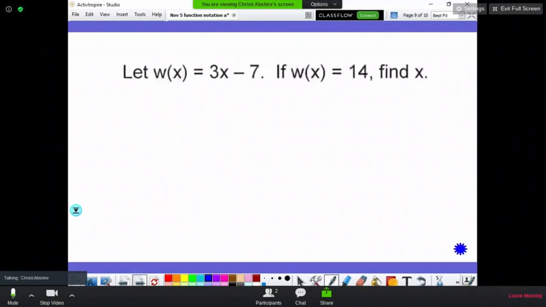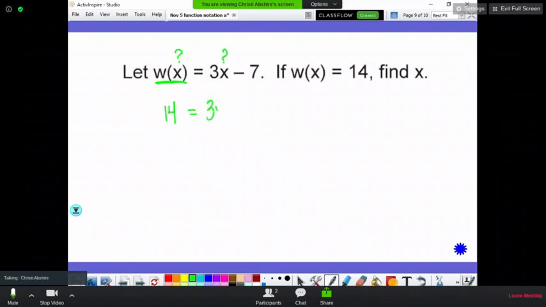Last one of that same kind. This time the function is w. Let w of x equal 3x minus 7. If w of x equals 14, find x. Once again, I don't know what x equals, but I do know the entire w of x is 14.